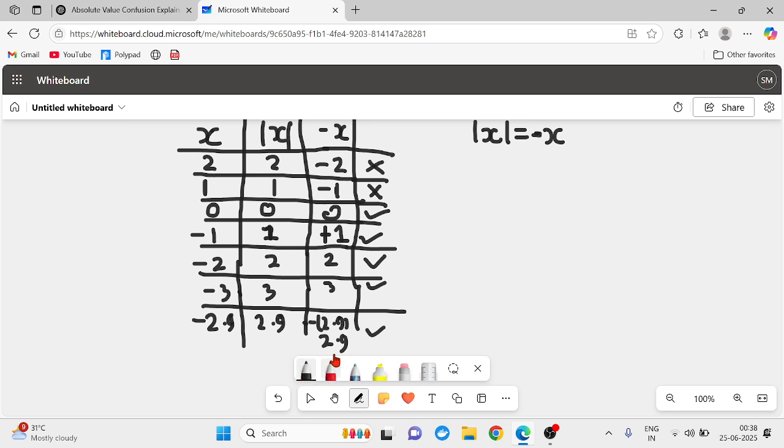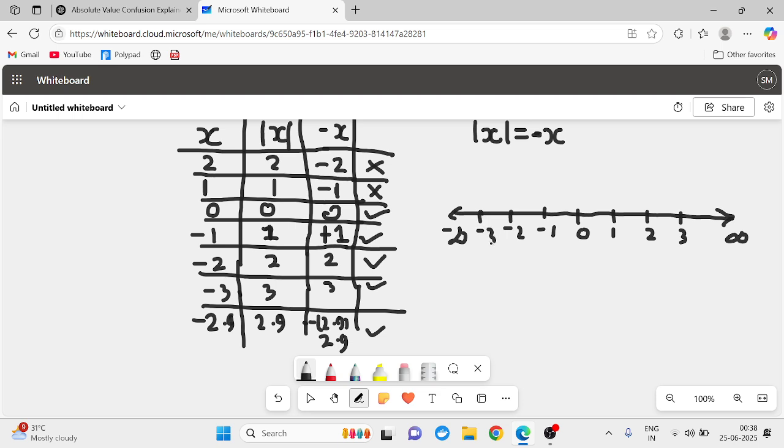So coming back to the point, if you draw a number line, putting plus infinity here and minus infinity here, somewhere I'll put 0, here 1, here 2, it will be true from 0 to all the negative values.